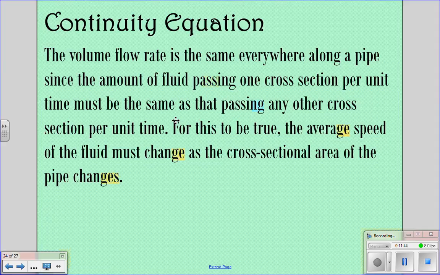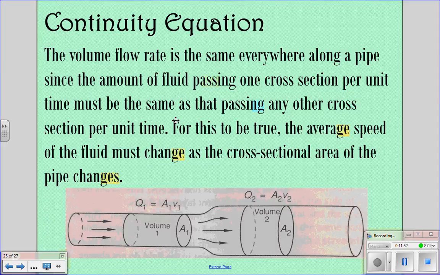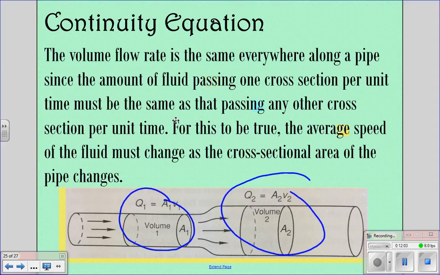That's going to change the speed as your pipe gets bigger or smaller, as the diameter changes. So over here, you're going to have the same flow rate as you do over here. But the area is different here. This area is smaller, so that means it's going to have a bigger velocity. This area is bigger, so the velocity is going to be lower.